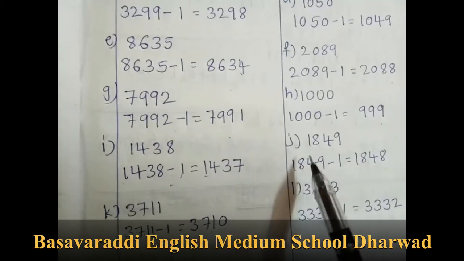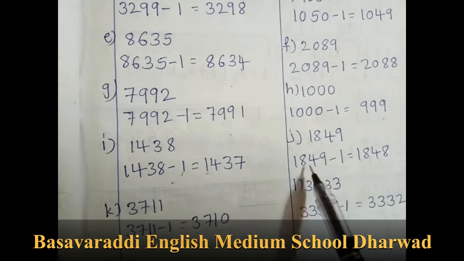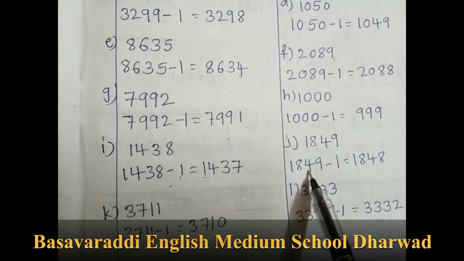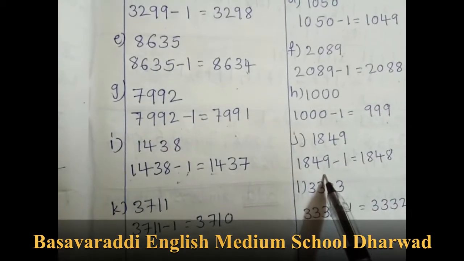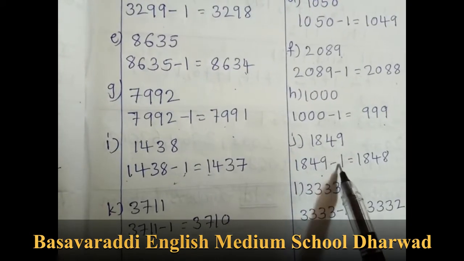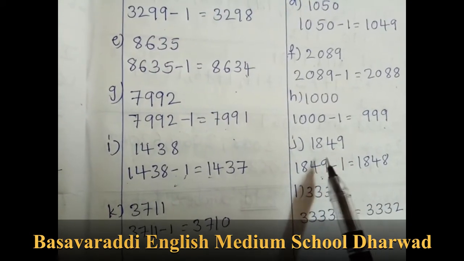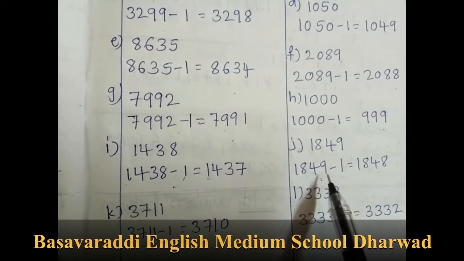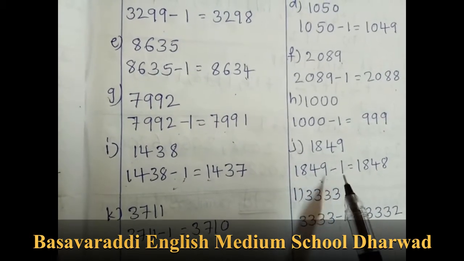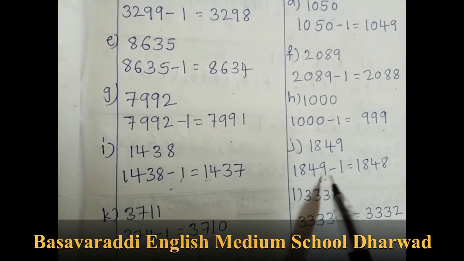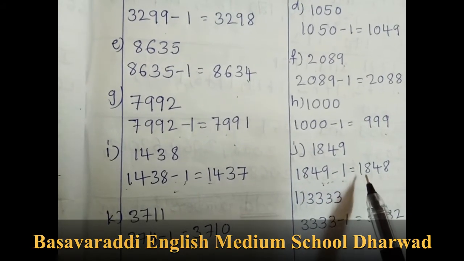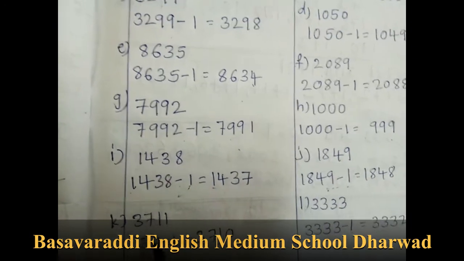Now J1, 1849, we have to subtract, because we are finding the predecessors. They told us to find the predecessor, so we have to subtract 1. When they ask for the predecessor, we make a minus 1. So 1849 minus 1, we got 1848.